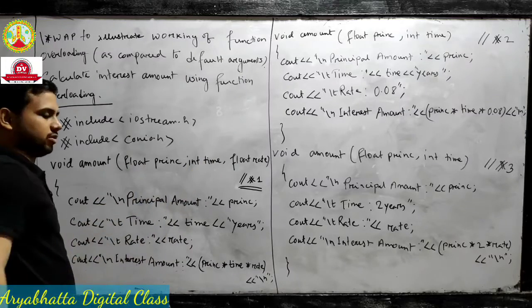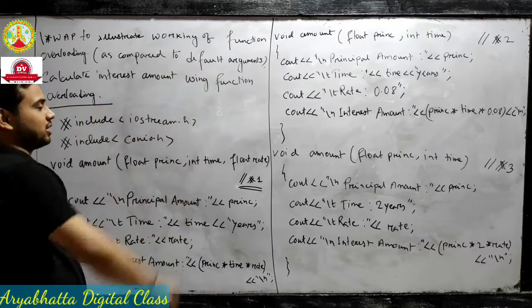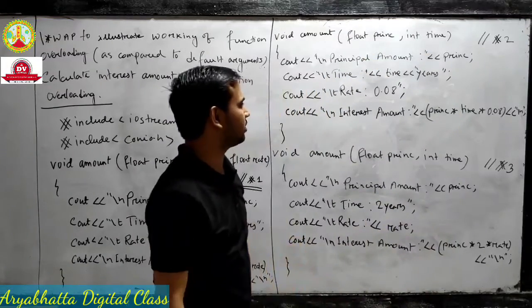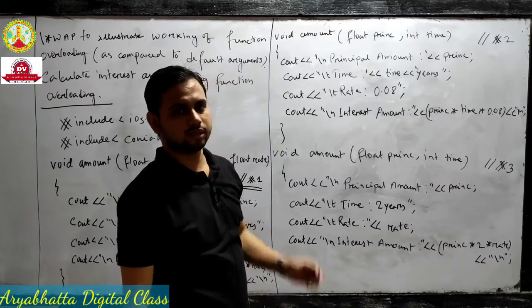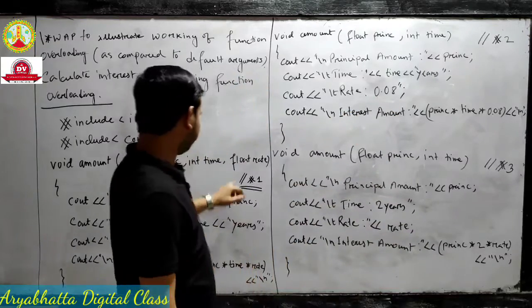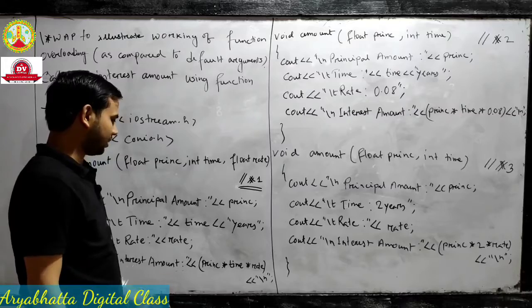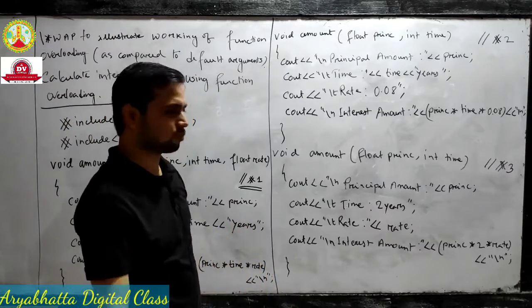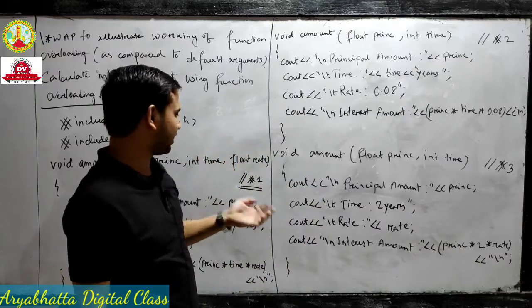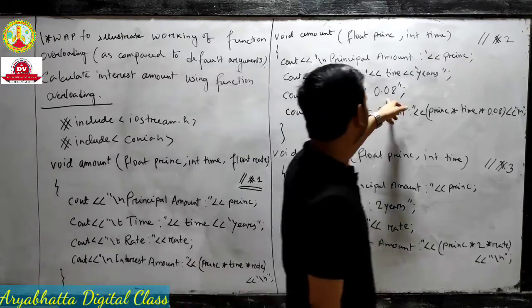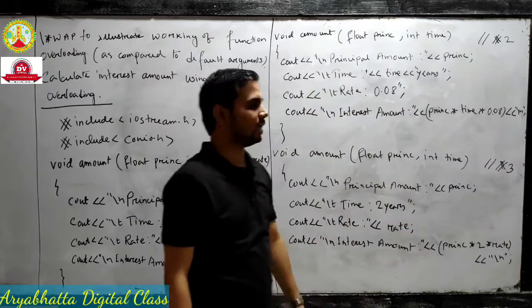Princ means principal amount. But in function 2 we declare only principal amount and time. Rate is not declared because we already take the rate as 0.08, meaning 8%. Rate is taken in the output, meaning rate of interest, but here the rate of interest is already a default value of 0.08, meaning 8%.